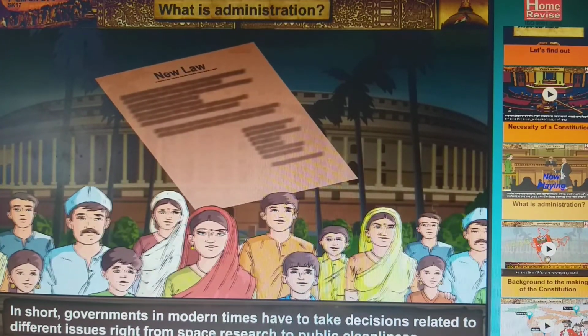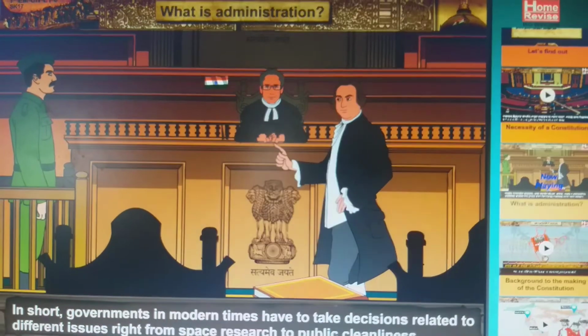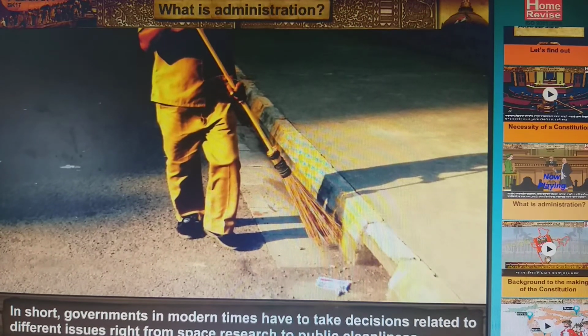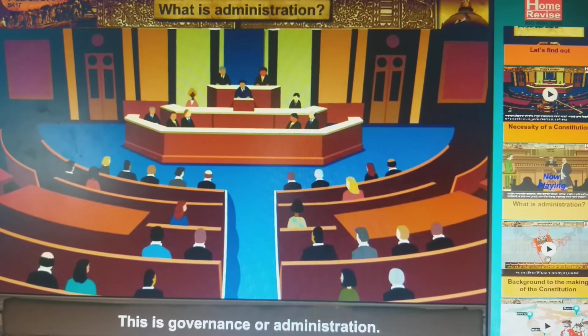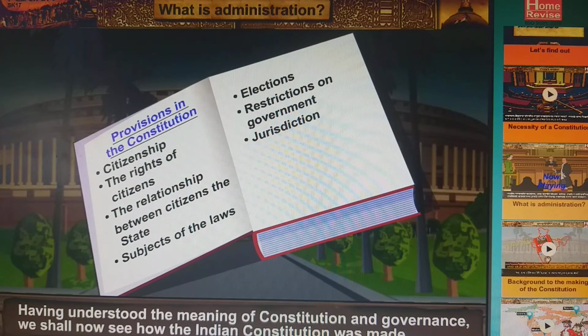In short, governments in modern times take decisions relating to different issues, right from space to public cleanliness and roads. All this comes under administration or governance.